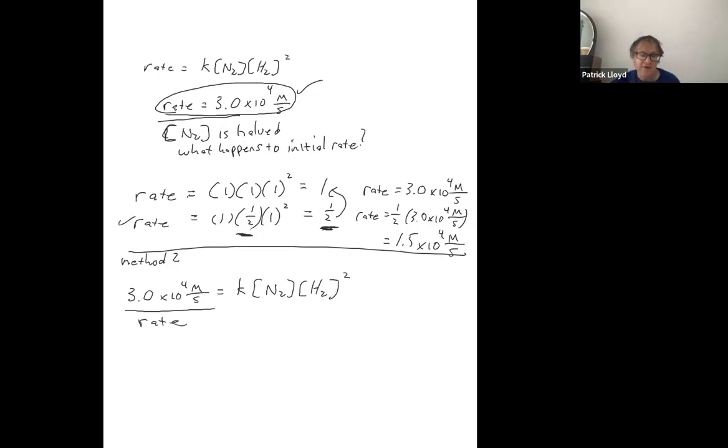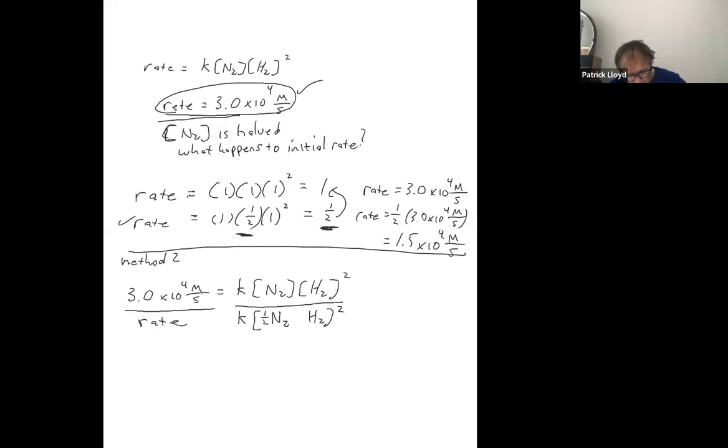Case 2 over here would be equal to this ratio, K times 1/2 times the concentration of N2, 1/2 of what it originally was, times the concentration of H2 squared. And actually, I should go ahead and make those square brackets.